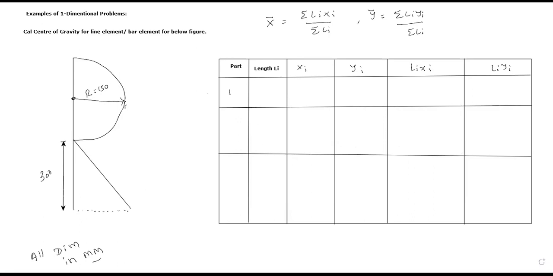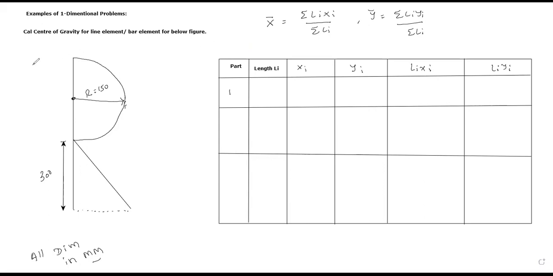So keep in mind, dotted line will not be considered as a member. Okay, all the solid lines will be considered as members. Is it clear? Please interact in chat box. Is my voice clear or not? Please confirm me. Okay, so all the dotted lines will not be considered as a part.